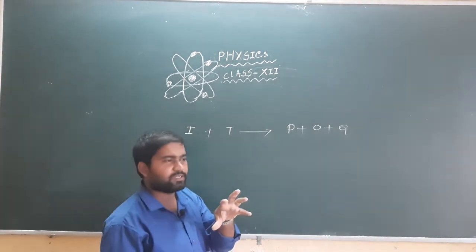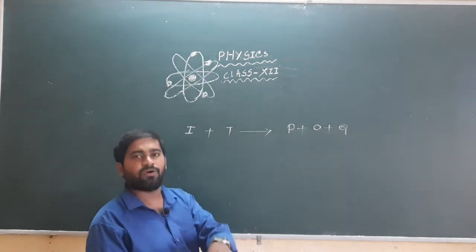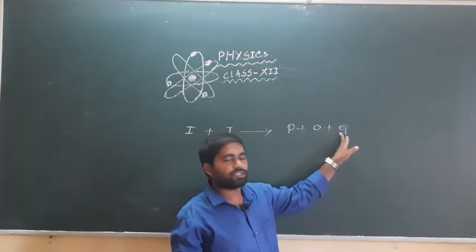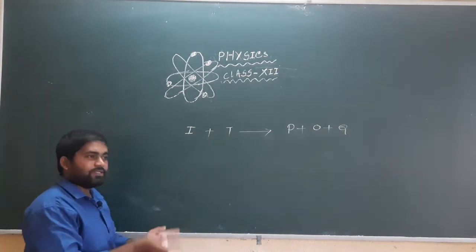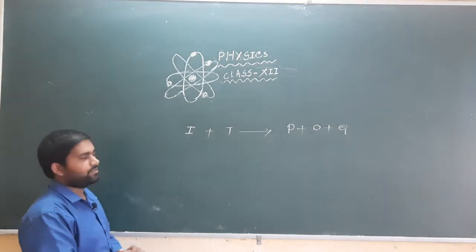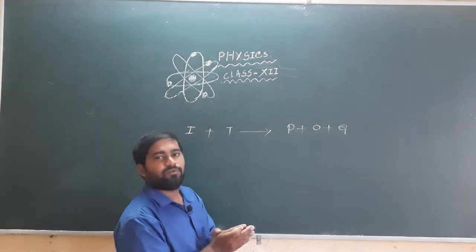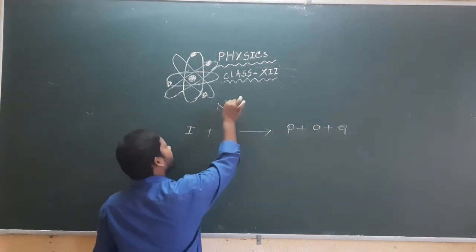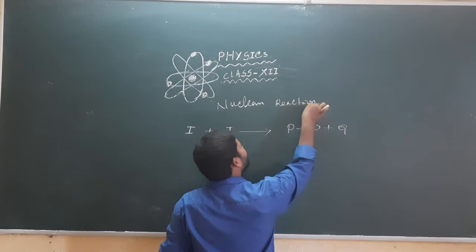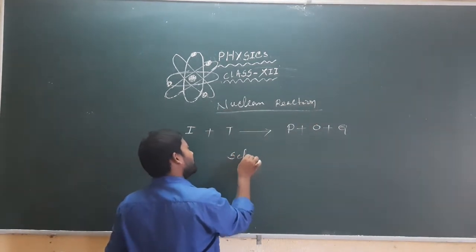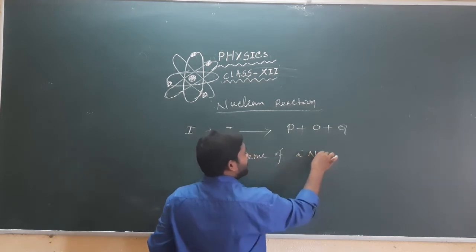Suppose we name the energy absorbed or evolved in that nuclear reaction as Q. Then we can measure the Q value of that nuclear reaction. So this is the general scheme of a nuclear reaction.